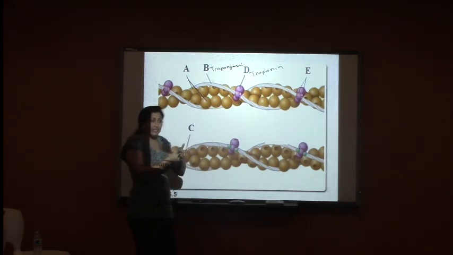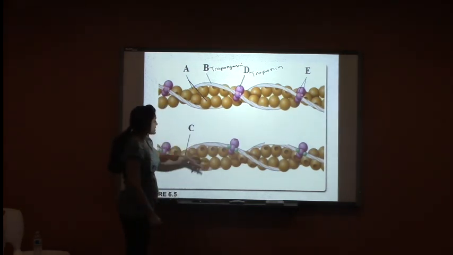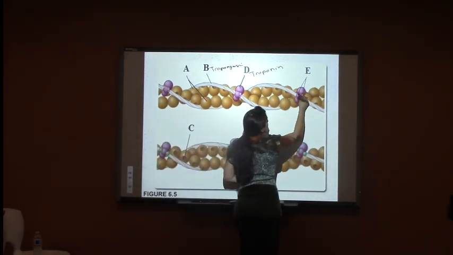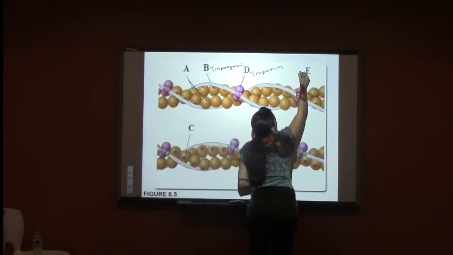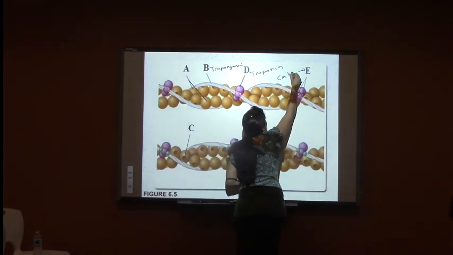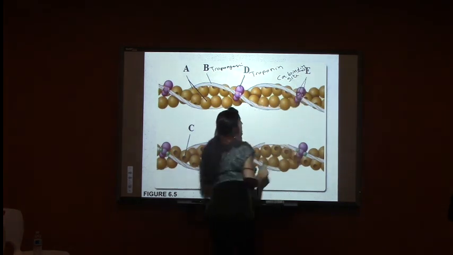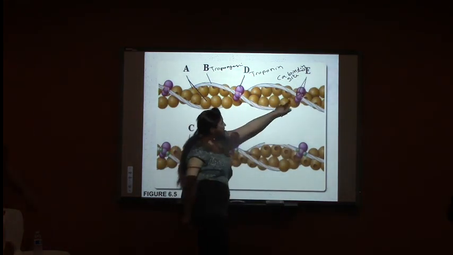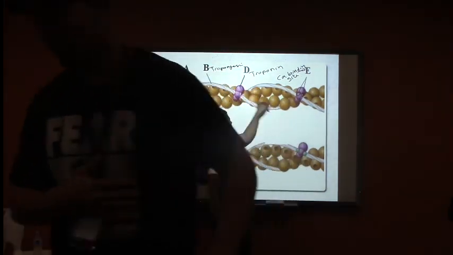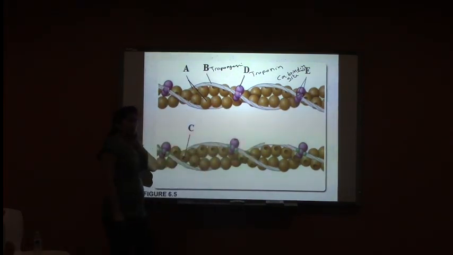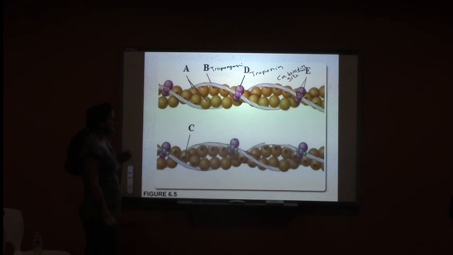Now in this image, what is E? These sites on troponin are the calcium binding sites. It has more, but you don't need to know how many. Does that make sense?